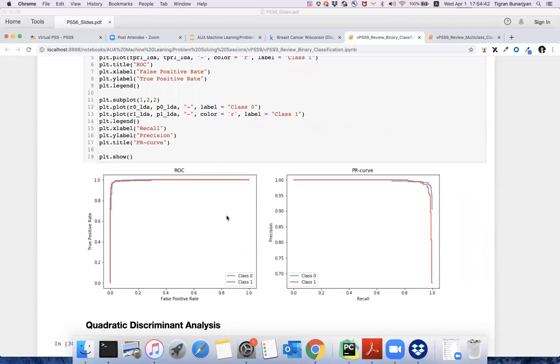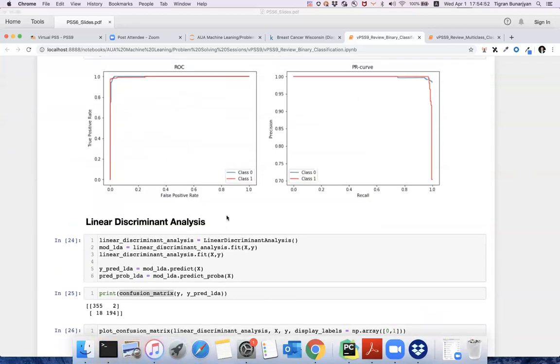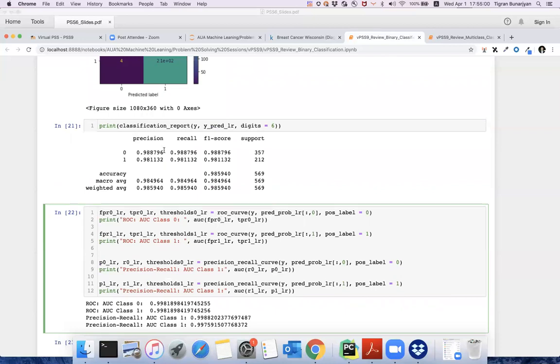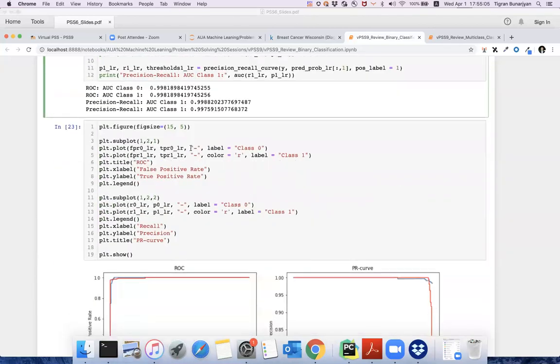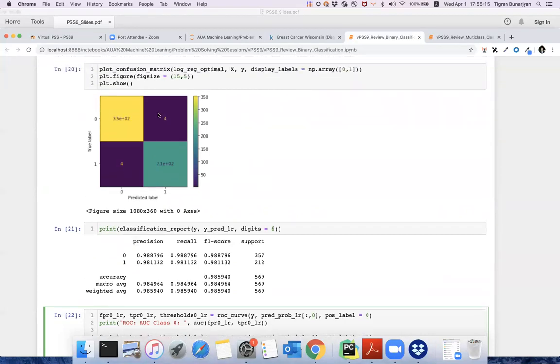But when the question becomes to choose between LDA and logistic regression and to compare those, we can clearly state that the logistic regression provides better accuracy scores in here, and the logistic regression has a balanced misclassification rate in our confusion matrix.